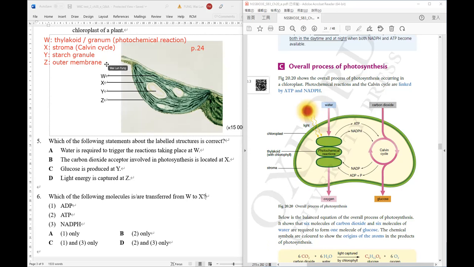So we want to say water is for the reaction taking place in W. For the reaction taking place at W, we do not need water to trigger the reaction. We need light to trigger the reaction. Okay, so A is wrong.